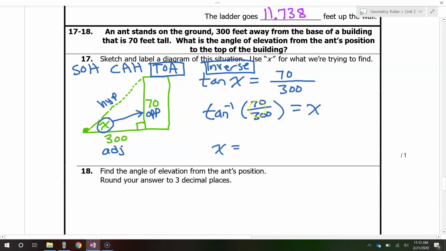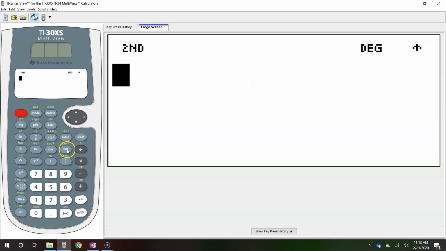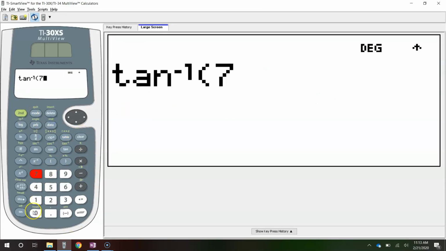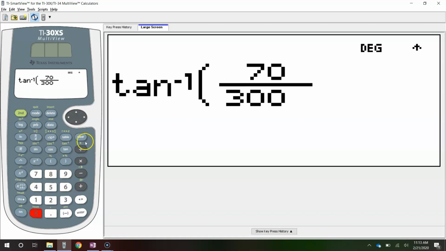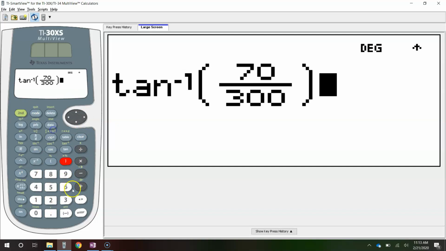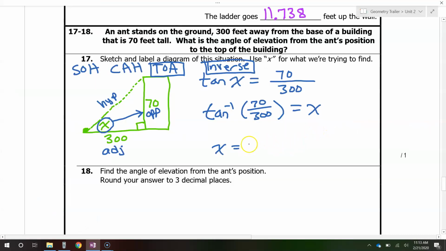Inverse tangent of 70 over 300. 13.134. And we're talking about an angle, so this will be degrees.